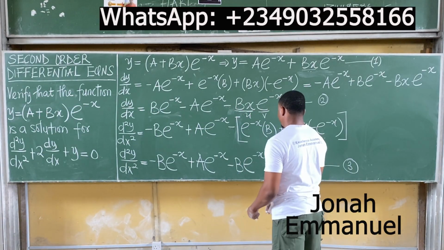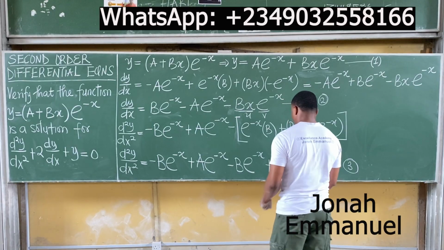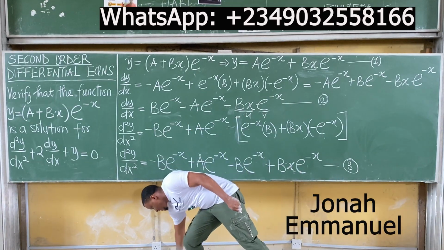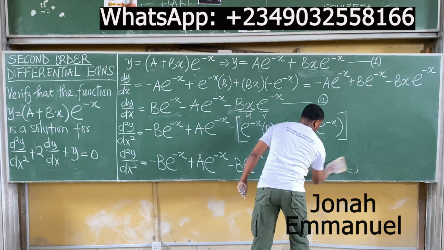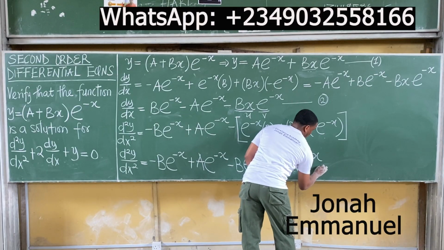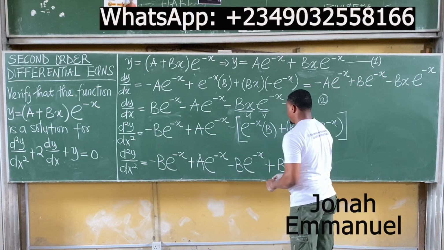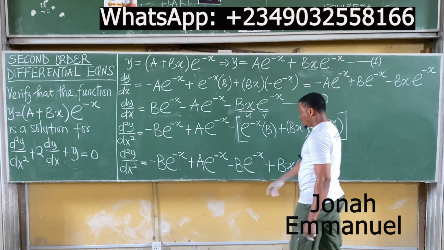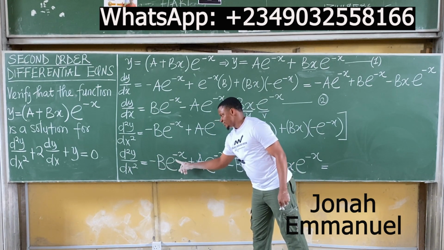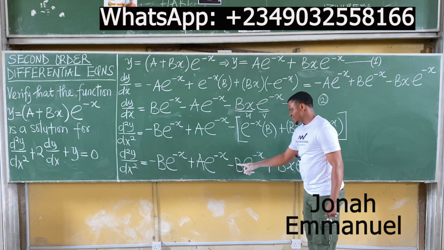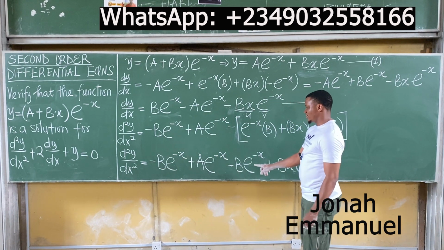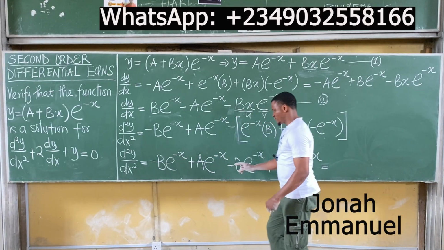This can be further simplified, right? Yes. This is equal to, let's further simplify this because they're like terms. Minus b exponential minus x, and then minus b exponential minus x. So it's more like saying minus 1 gives you what there?